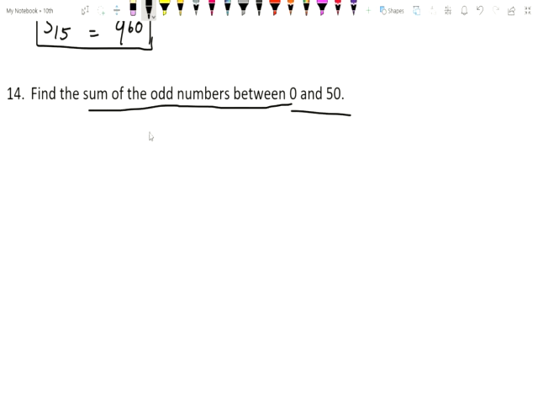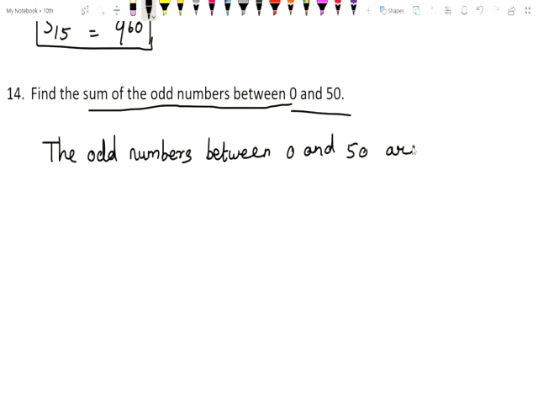The odd numbers between 0 and 50 are 1, 3, 5, etc. 49.